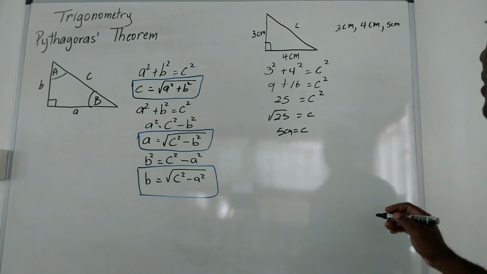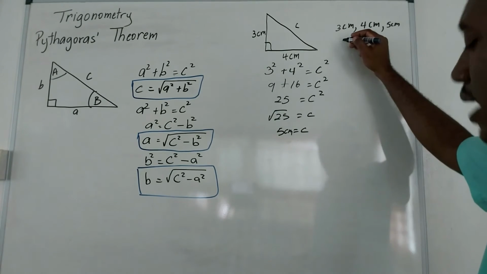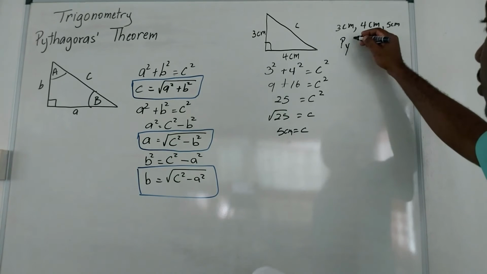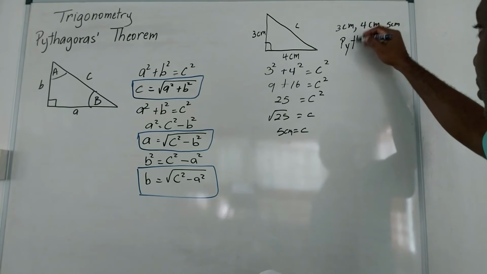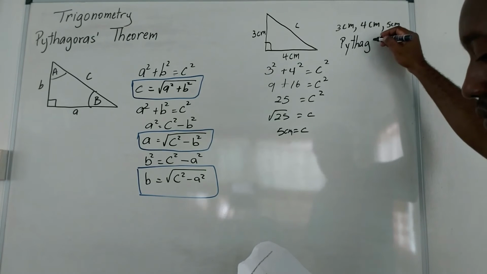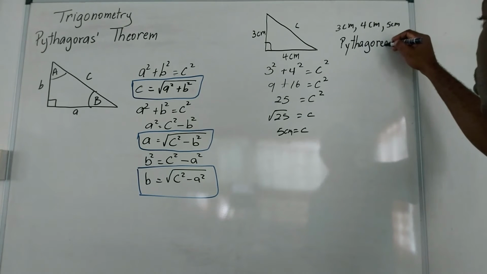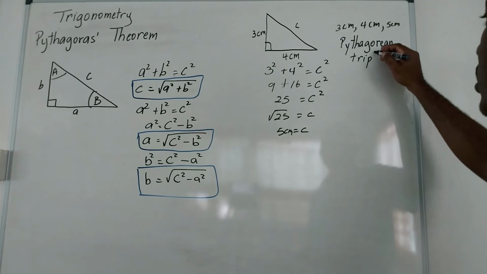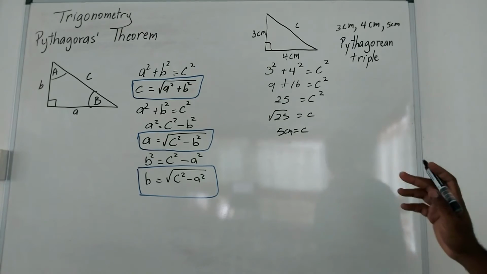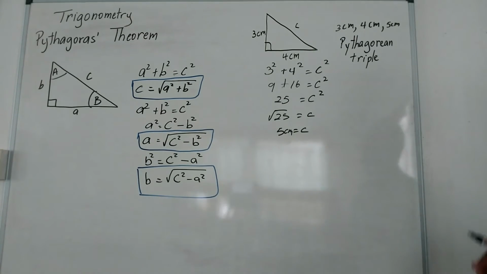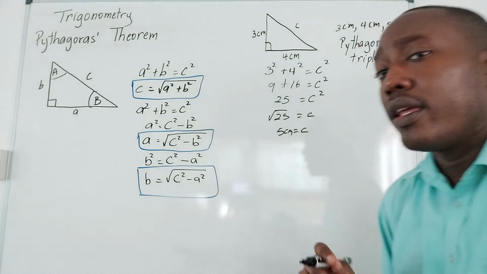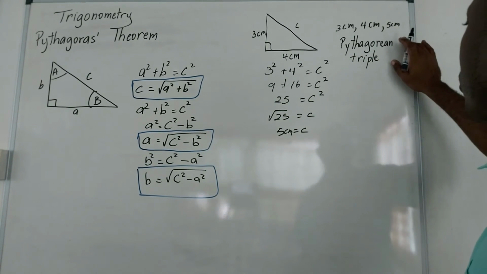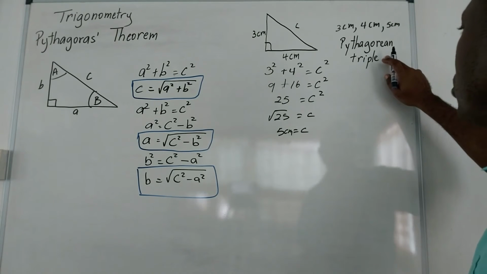In cases like this, this triangle is known as a Pythagorean triple. Let's just write that word there. Pythagorean triple. Right? Where all the sides are whole numbers. Now this will not happen in every case, but when all three sides are whole numbers, it is known as a Pythagorean triple.